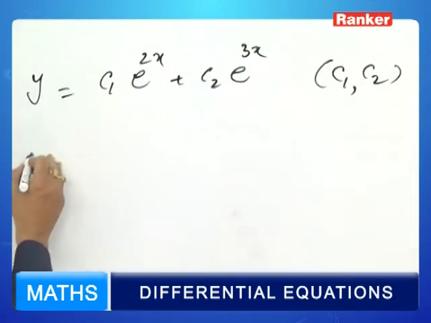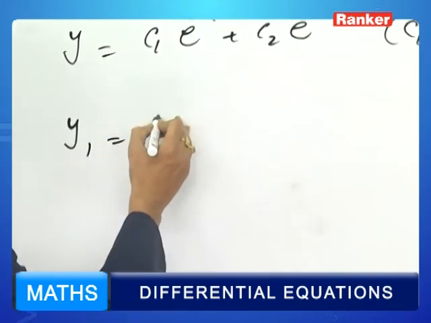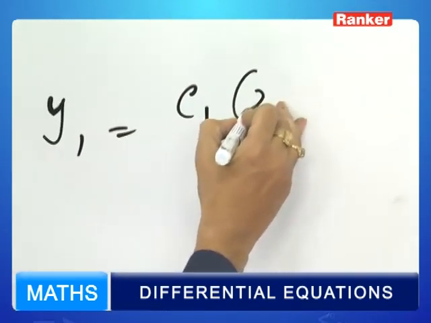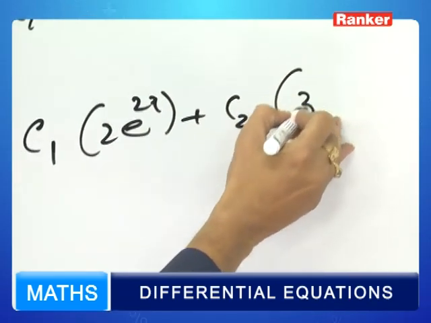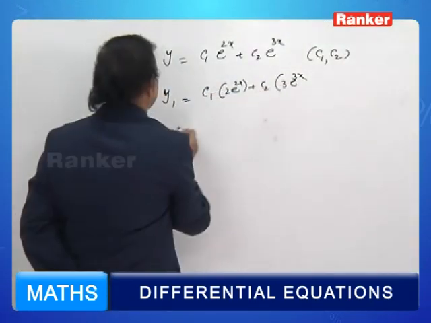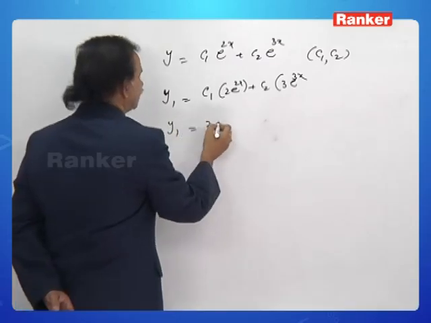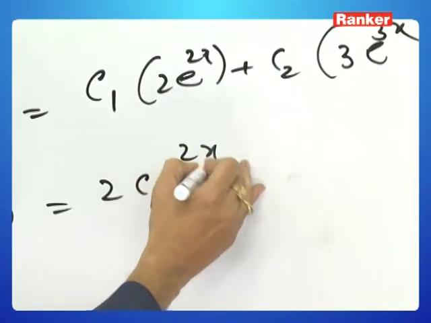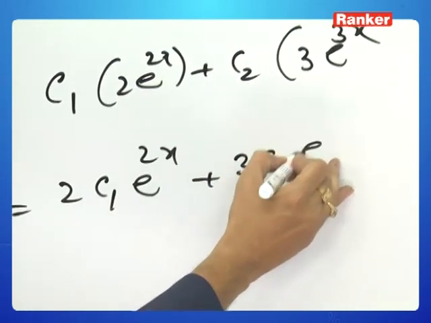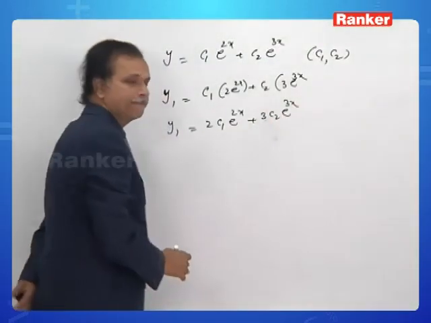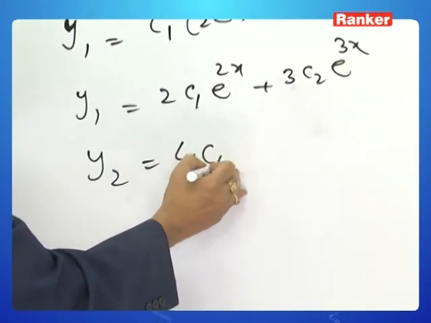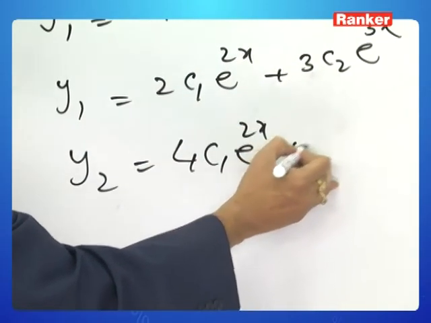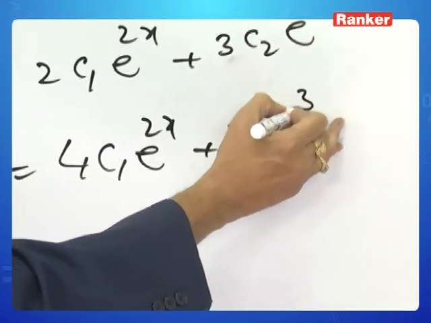First step of differentiation: y1 is equal to C1 into 2 e power 2x plus C2 into 3 e power 3x. Therefore, y1 is equal to 2C1 e power 2x plus 3C2 e power 3x. Again differentiating, y2 is equal to 4C1 e power 2x plus 9C2 e power 3x. Am I correct?